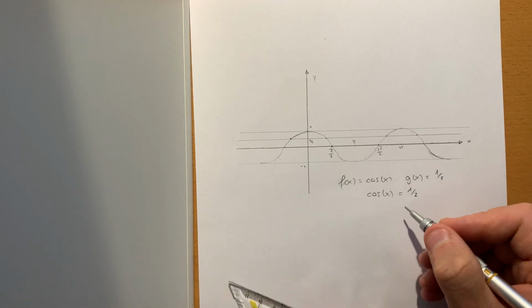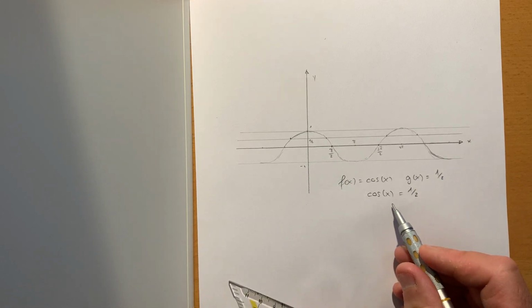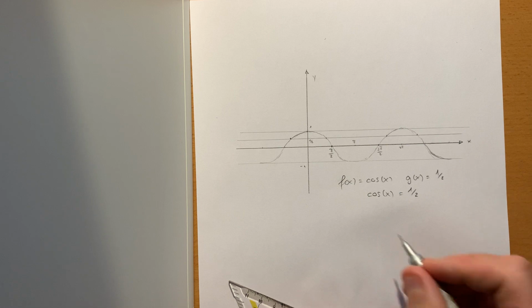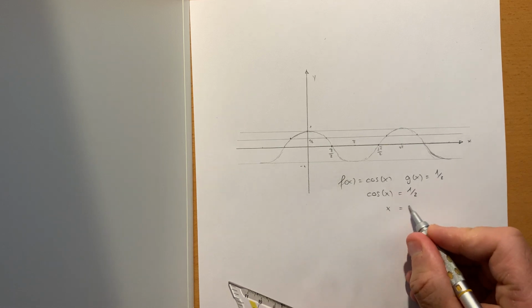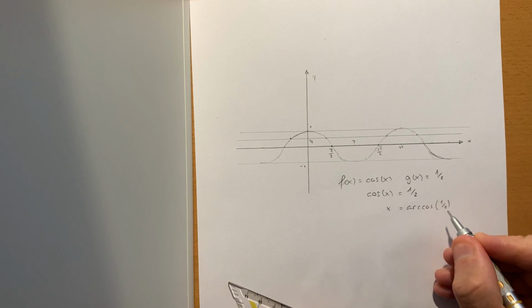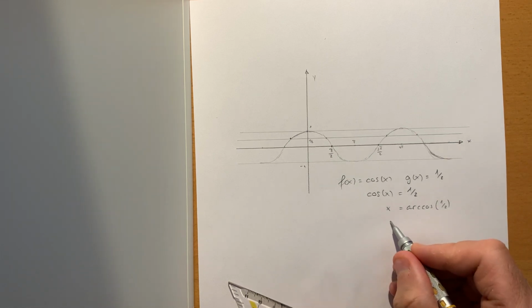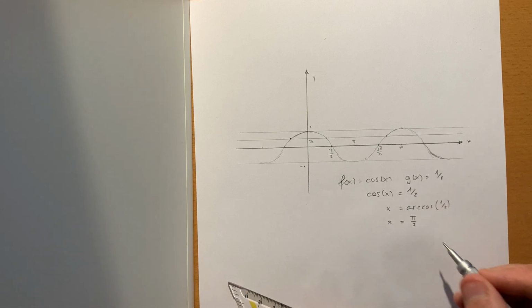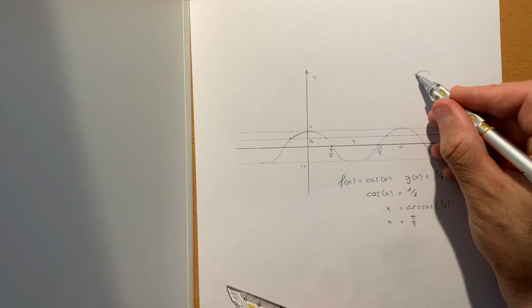And look, this leads to this very simple equation. Well, this is an equation that we can solve using nothing but our memory. Okay, well, it's arc cosine of a half. Well, that's 60 degrees or pi thirds. You remember? Pi thirds. Look at the unit circle.